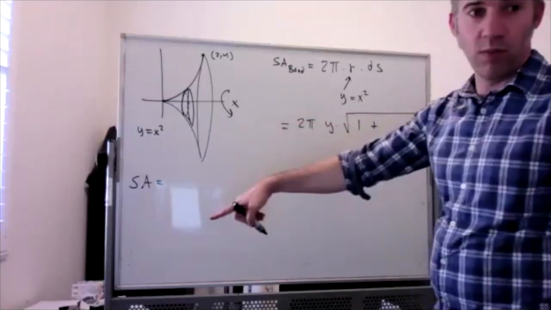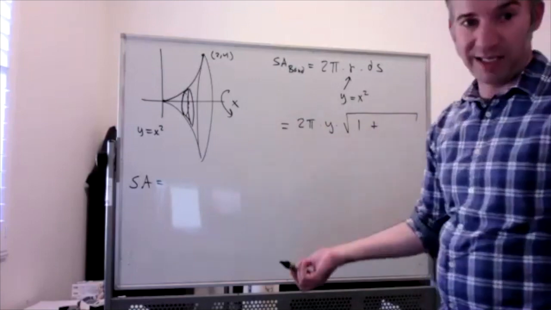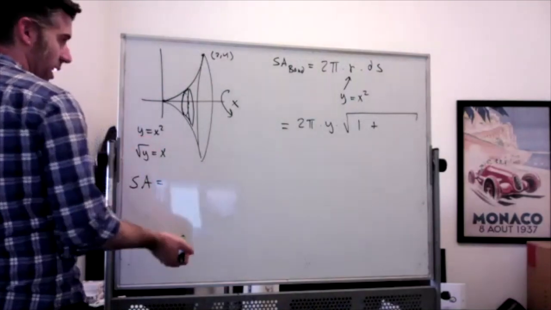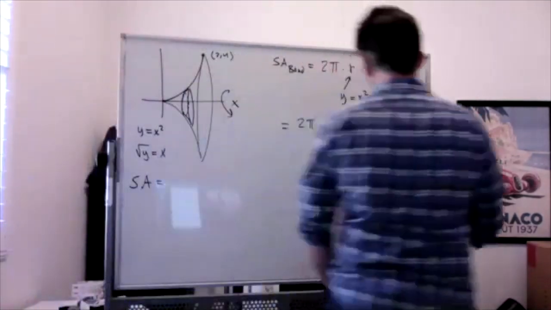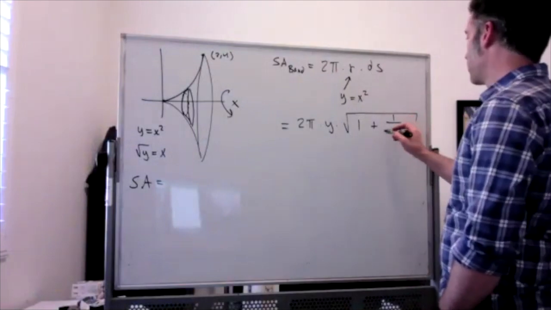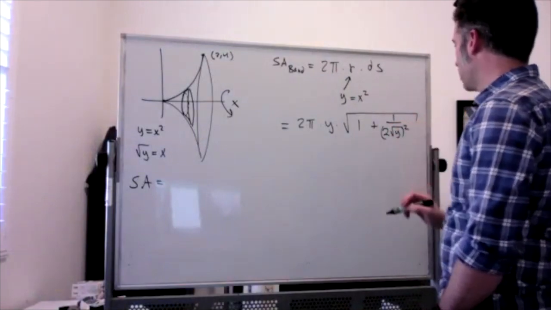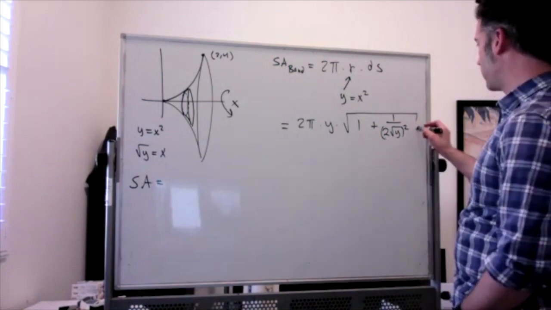Or, you know, what x is as a function of y. So x equals the square root of y, and the derivative of that is 1 over 2 root y, squared. And of course, don't forget the dy.